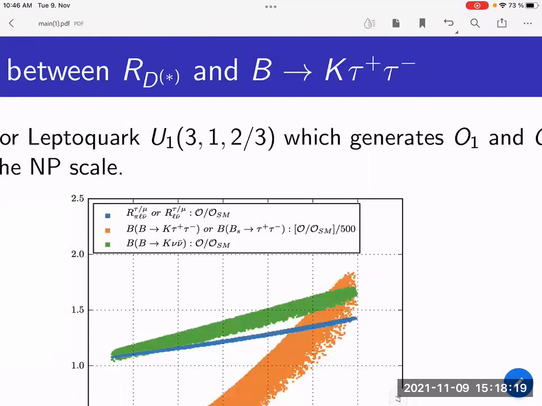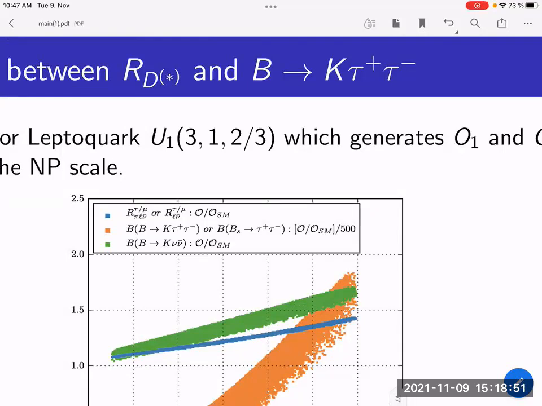And maybe what Jacky was praising, this U1 model, is maybe the model which has a chance because it's not yet ruled out through epsilon prime over epsilon, assuming that there is this anomaly, because at tree level it doesn't couple to neutrinos. This is maybe a chance, but one has to do still some better analysis of this. Okay, so this is what I wanted to say.